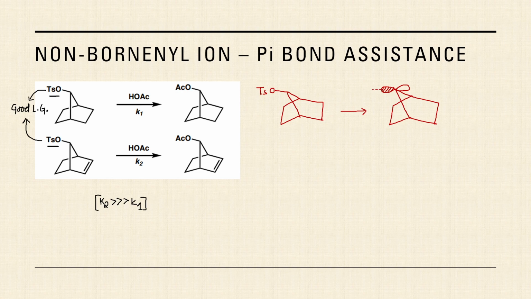OTS is connected over here. And over here we have a pi bond. अब देखो, इसको निकालने के लिए, to remove OTS I need to donate electrons in the anti-bonding MO. Okay, इसको मैं थोड़ा छोटा कर देता हूं so that it will be easier for you to understand.